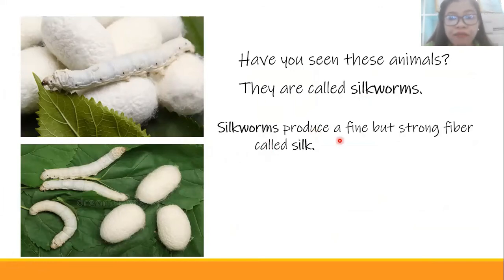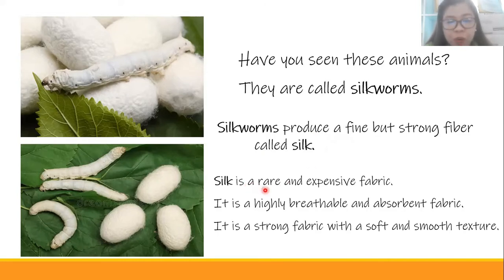Silkworms produce a fine but strong fiber called silk. Silk is a rare and expensive fabric. It is a highly breathable and absorbent fabric. It is a strong fabric with a soft and smooth texture.